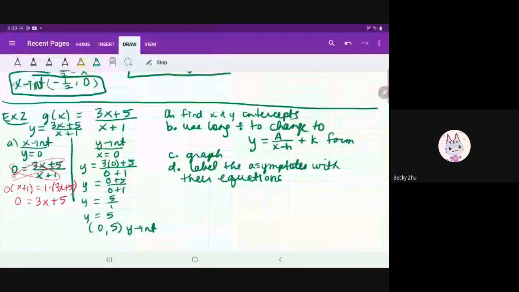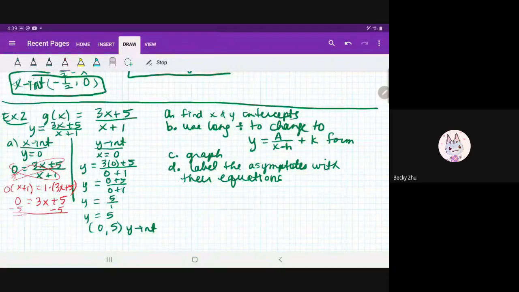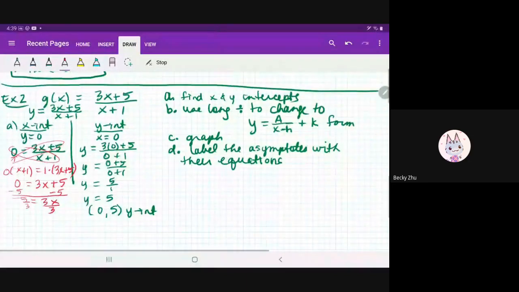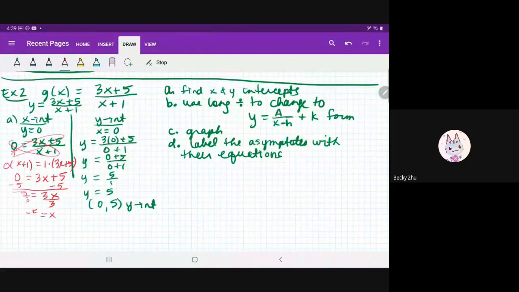Then it doesn't seem like it disappeared. It seems like I actually did something with it. So minus 5, minus 5. Minus 5 equals 3x. Divide by 3, divide by 3. x equals negative 5/3. And that's the x coordinate. And the y coordinate is back up here, which is 0. So this is my x-intercept.